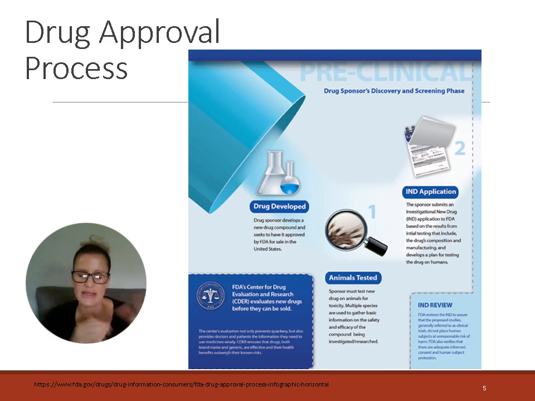IND is investigational new drug application. So your investigational new drug application is the application. You show all the animal testing that you have done, show that it's safe, show that it does what you're expecting it to do in animals, and you're asking if you can test it on a very small number of human subjects, right? You want to test it in people.